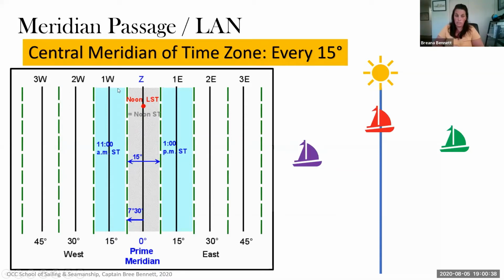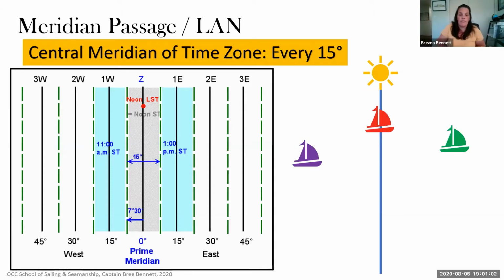For 1 degree west, it's 15, 30, 45. So every 15 degrees is a central meridian for the time zone. Now, technically, the time zone goes 7.5 degrees one way and 7.5 degrees the other. So it's the central meridian of the whole zone description, or time zone, if you will.